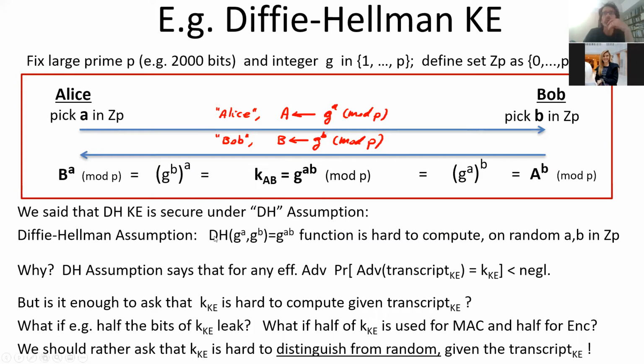So what we want is that it's not just hard to compute, it's hard to distinguish a key from random. What does that mean exactly? It means that even if somebody gave you the key afterwards, you cannot correlate it with the transcript, if you were an outsider, just an eavesdropper.